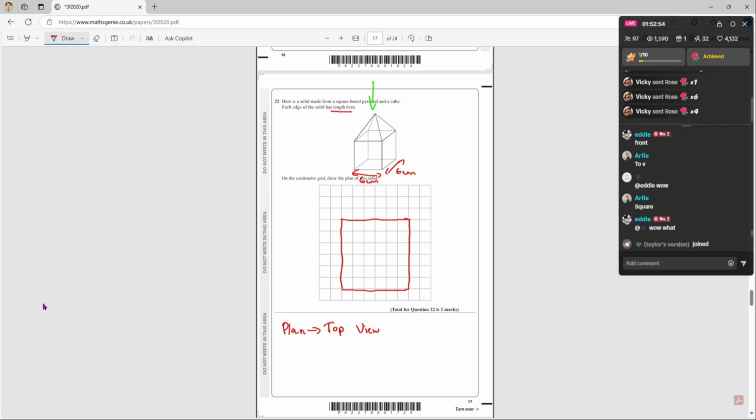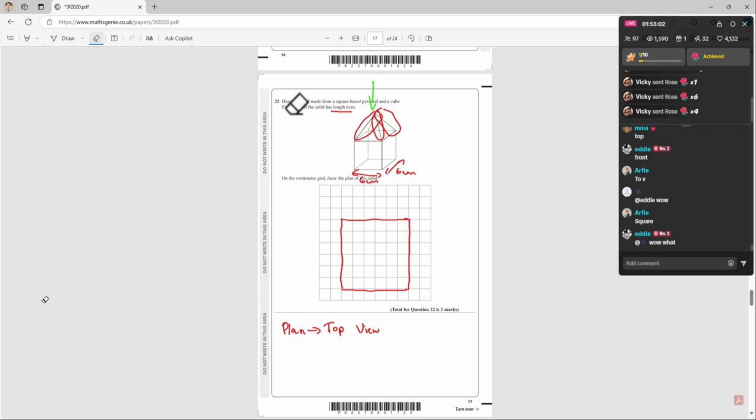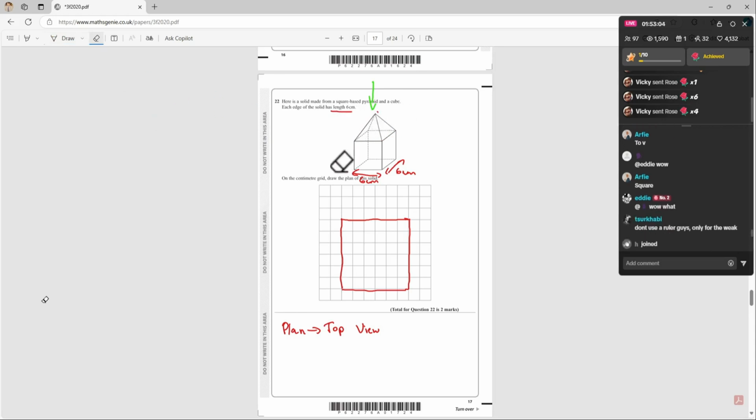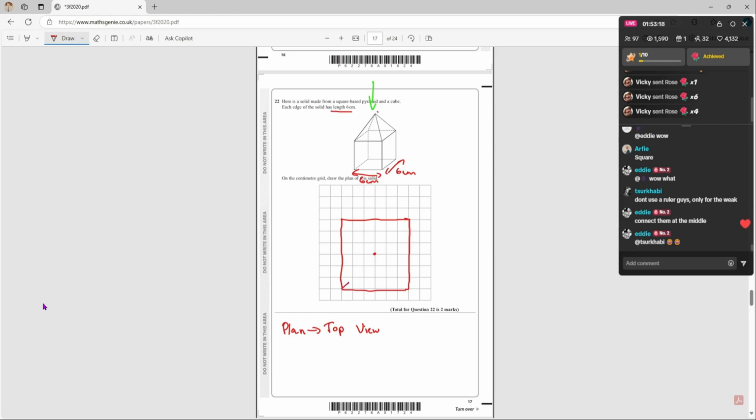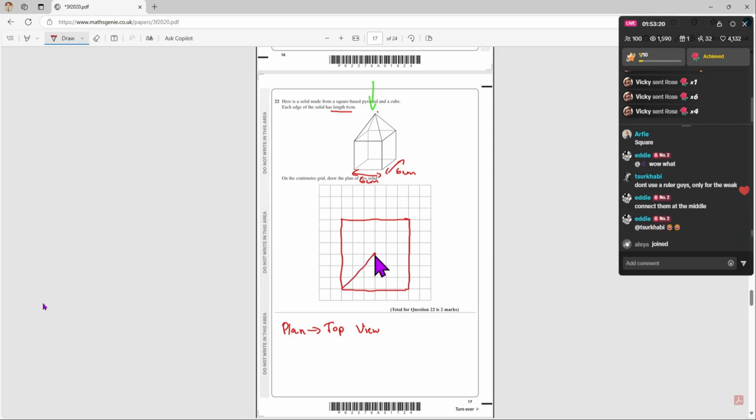Because look, these lines of our pyramid, you have to draw them over here. The exact middle point of this is over here. And then we're just going to connect them from each side like that.